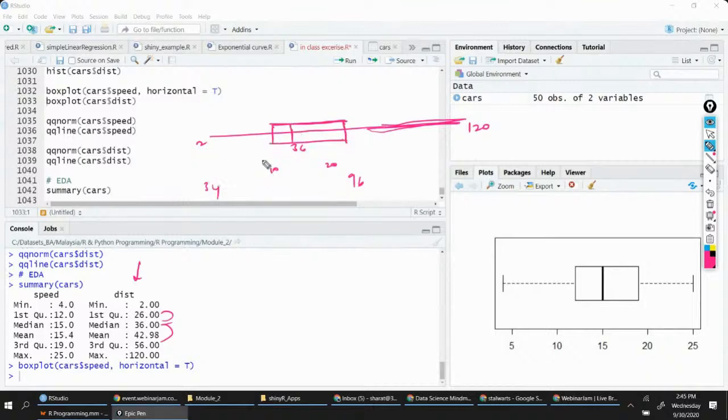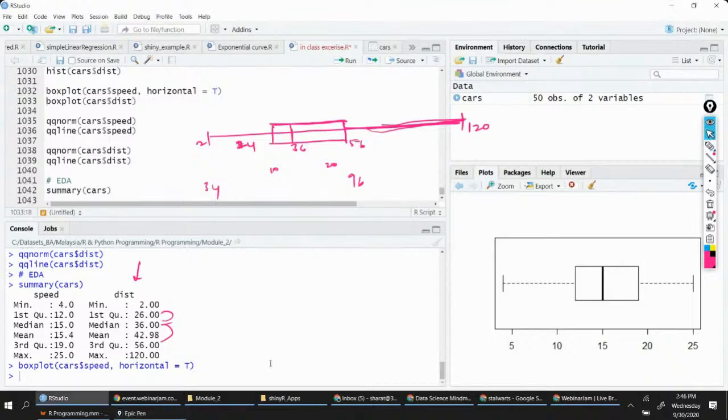We also have to see what is the distance between these two. How much is this? This is 24 units, whereas this, 56 to 120, is very huge. So this way we interpret the visualizations.